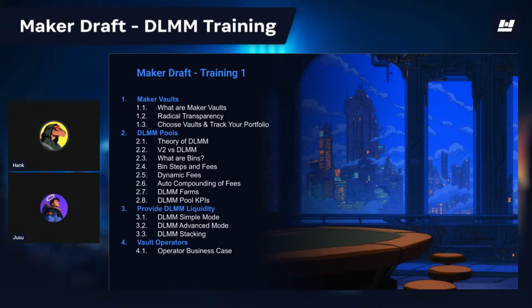This is really the simplest vehicle for anybody joining Metropolis, to look at the vaults and build your portfolio around that. But for everybody who wants to go further and learn more, not just laid back and having things done for you, but wants to learn how to use the protocol themselves, DLMM, manually provide liquidity, we have a second section where we're really going to go into the depths of DLMMing, so dynamic liquidity market making.